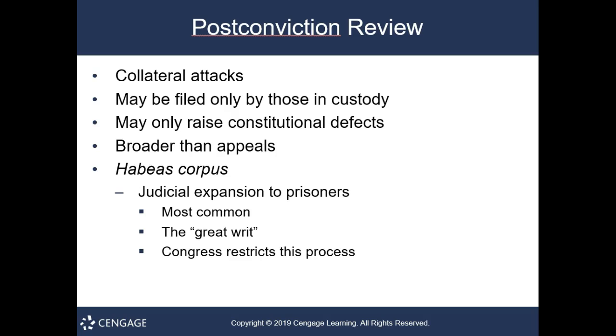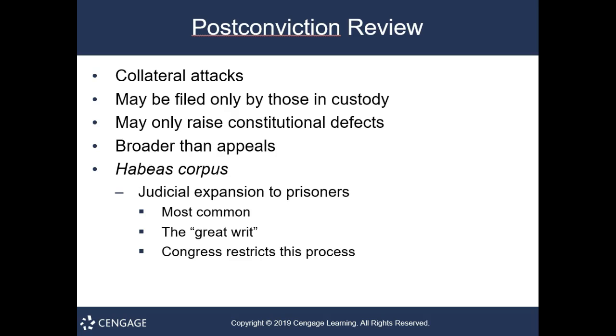First thing we want to talk about are these collateral attacks that go on. After the appellate process has been exhausted, the person has been found guilty, the case has been affirmed, whether it's federal court or state court, there are often things that happen collaterally against the government. These are typically filed by prisoners who've already been convicted, gone through their appellate process and lost.